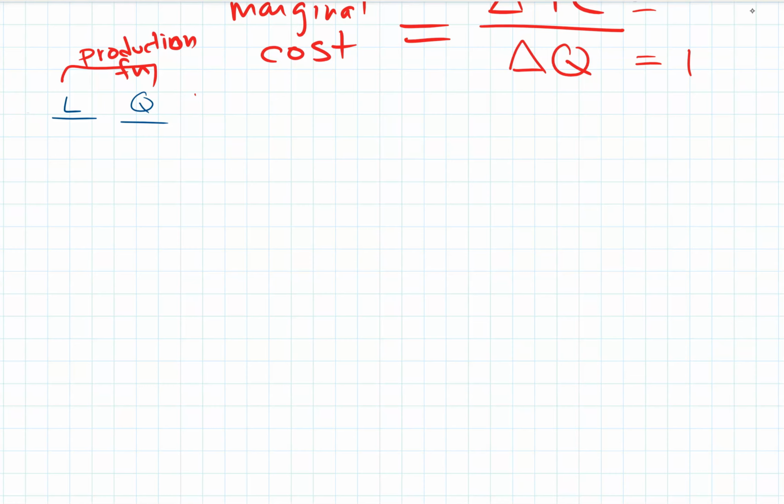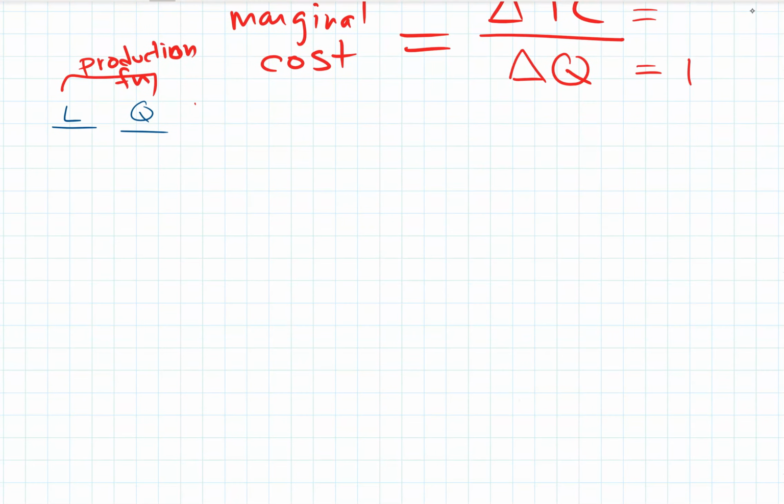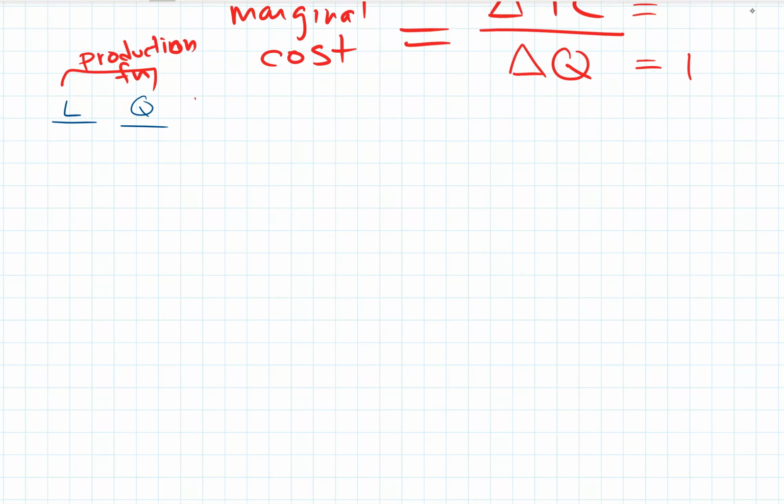So we have capital, but it's fixed, so we're just going to do the labor. Implicitly here we have 1 unit of capital, like one building and the machines inside. We'll just call it 1 unit of capital, but that is fixed here. Therefore, we're just going to ignore it. So we have our production function, where labor gives us a certain quantity.